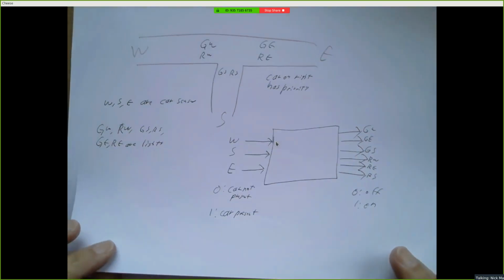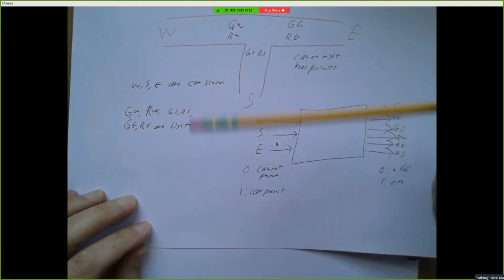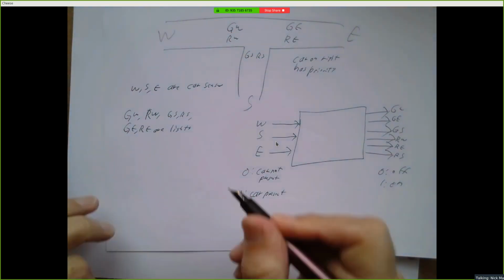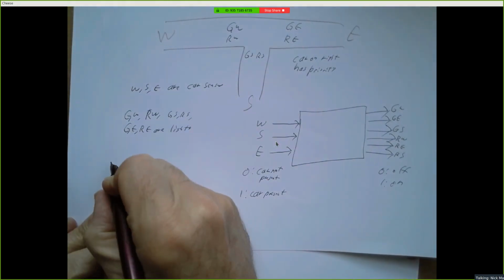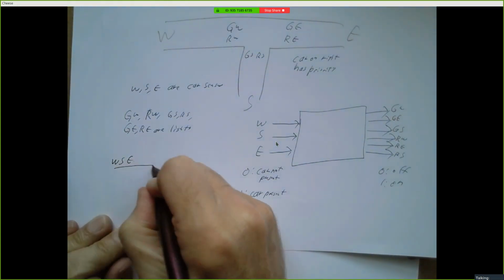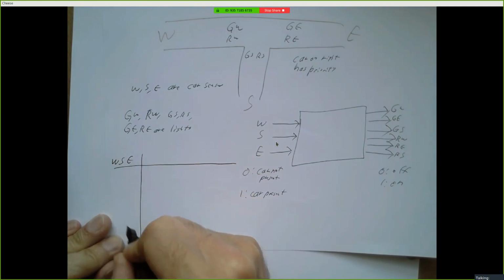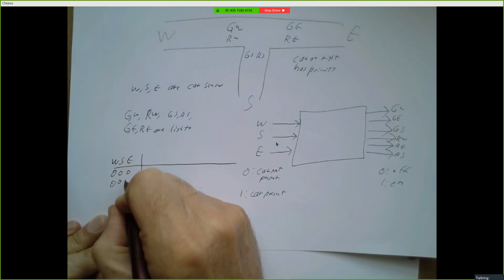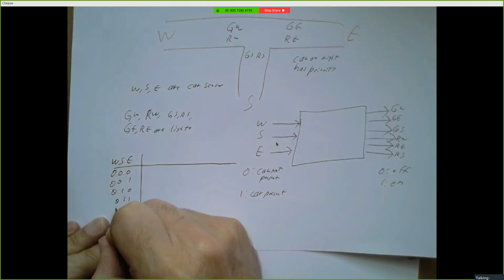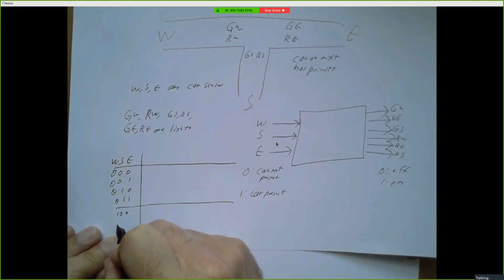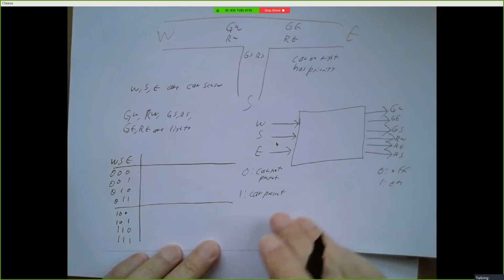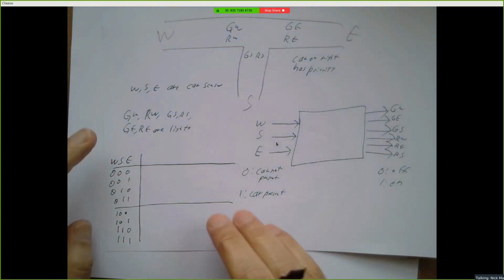So what's our truth table look like for this? Well, we know we have 3 inputs, west, south, and east. And we have 6 outputs.